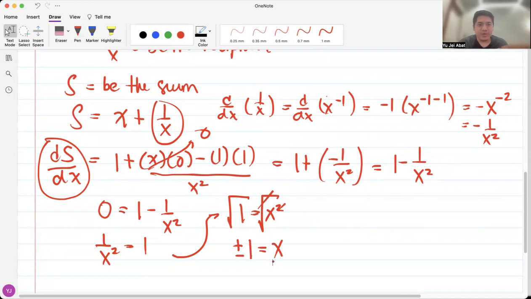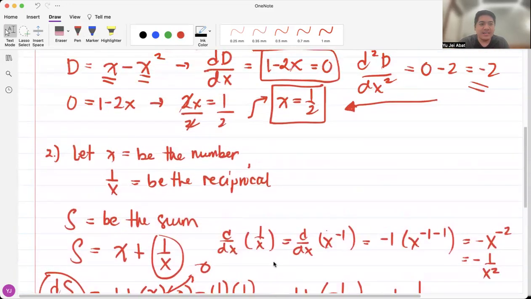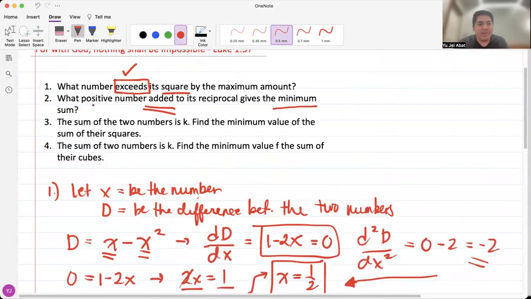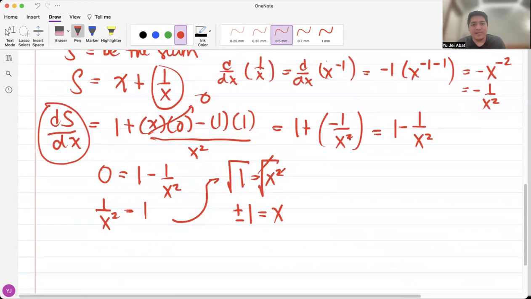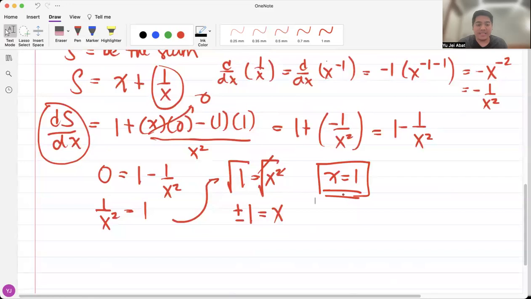Since we are asked for the positive number, we are only going to get the positive. So x equals 1, positive 1, since according to the problem, we need to have the positive. So again, the sum is minimum when the value of x is 1.